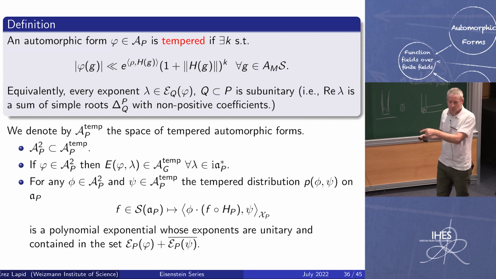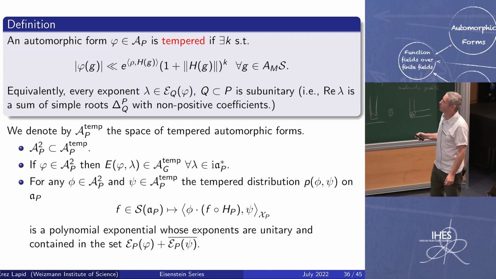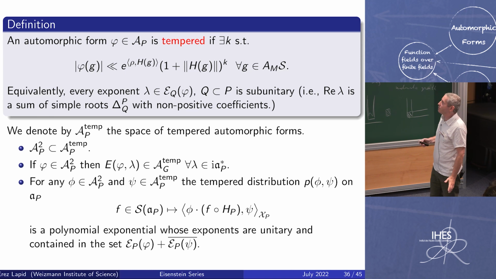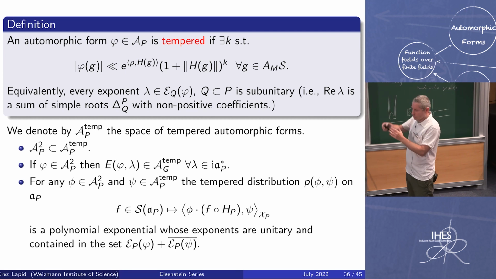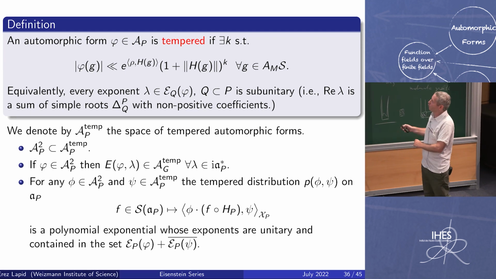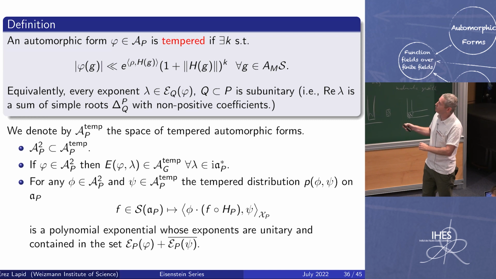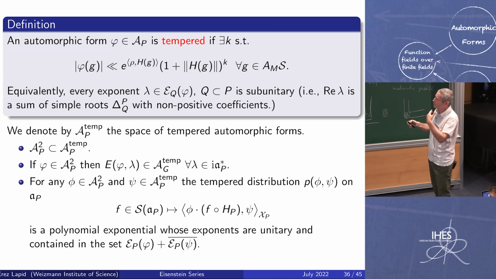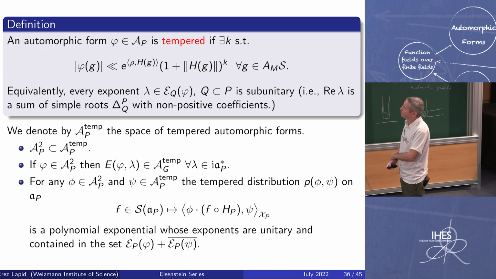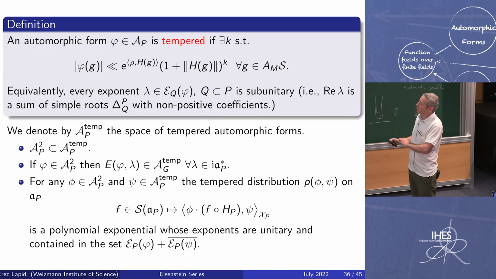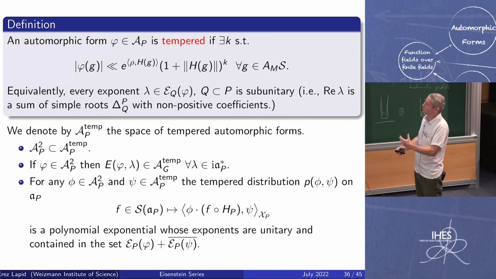It's very similar to what was in the previous talk, by the way. So this is the space of tempered automorphic forms. The A_P^2 that we described before is totally contained in it, because there we require that the exponents are actually negative. And Eisenstein series carry, at least when they're holomorphic, which we assume on the imaginary part, A_P^2 to A_G^temp, to tempered. This is all simple.